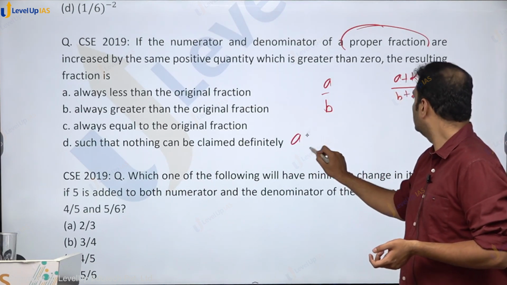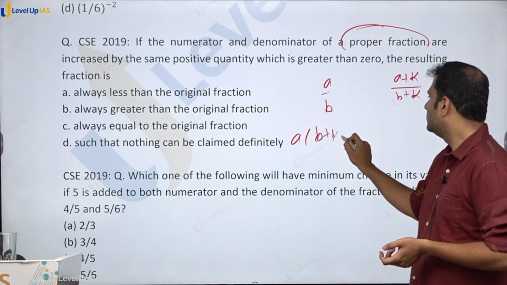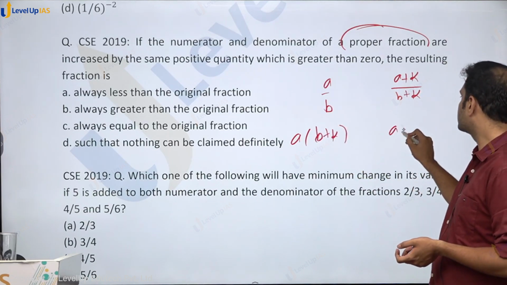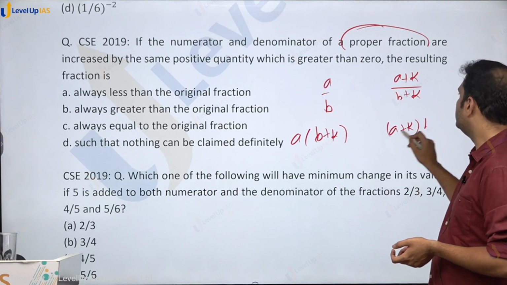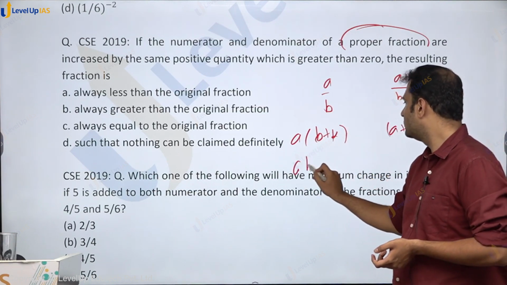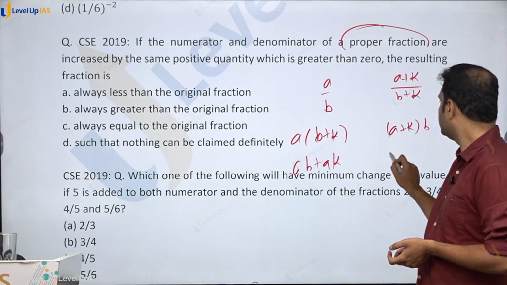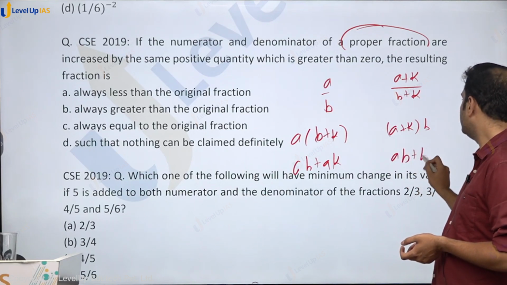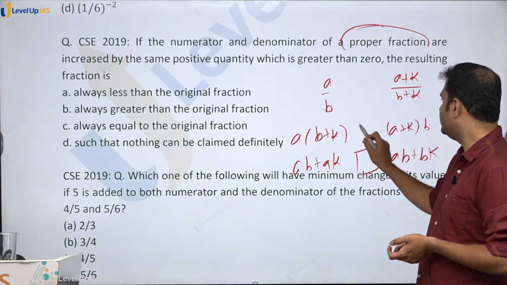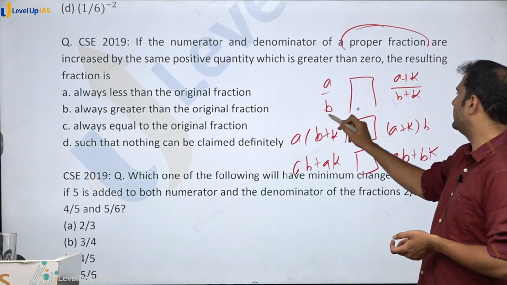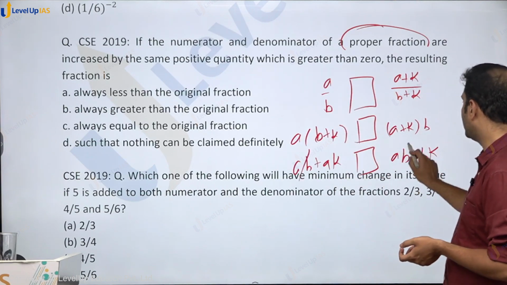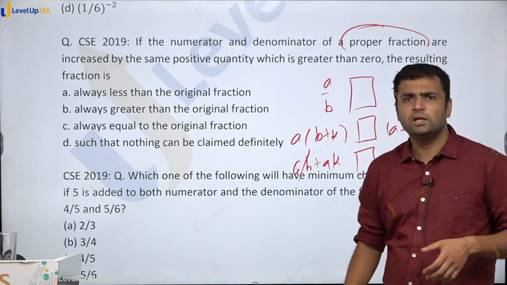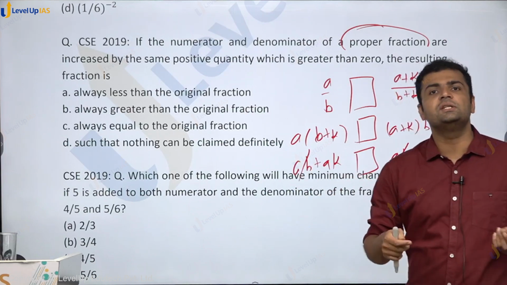So a into b plus k, and here we can write a plus k into b. So you'll have ab plus ak, and here you'll have ab plus bk. We want to compare. Which sign goes here, we have to decide. So now ab can be cancelled because both are positive quantities, without changing the inequality.